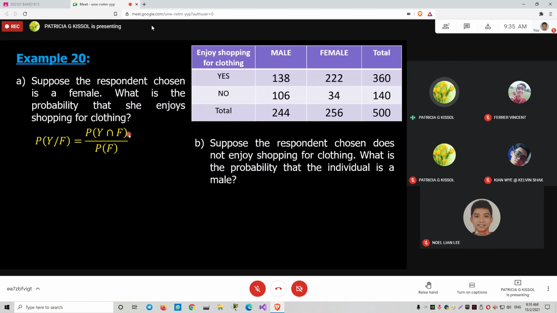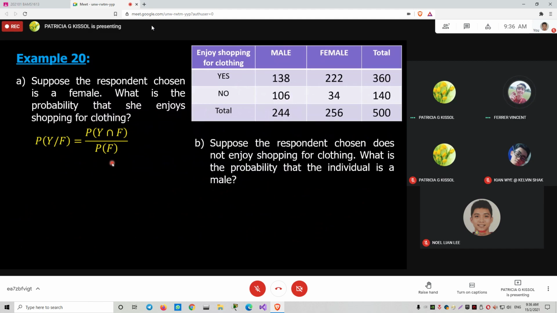So that means 222 over 500. Remember it's written probability here, so you should be writing 222 over 500. And probability of female, what's the value? 256.